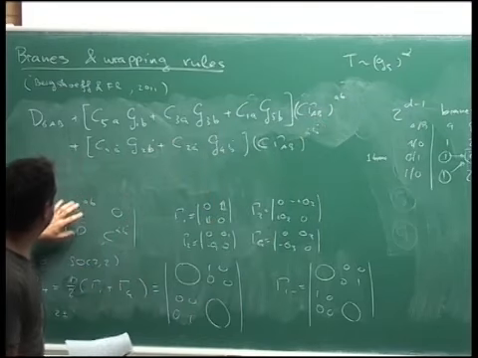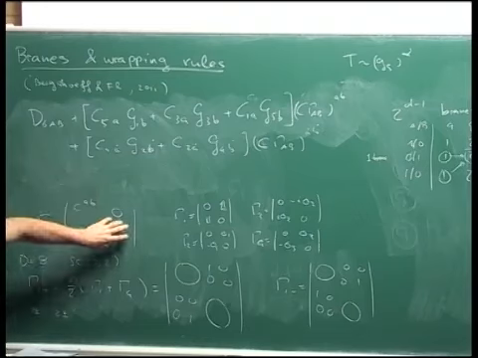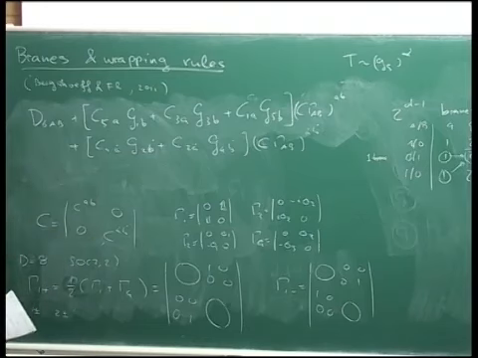C gamma AB is block diagonal, exactly as in the symmetric case.